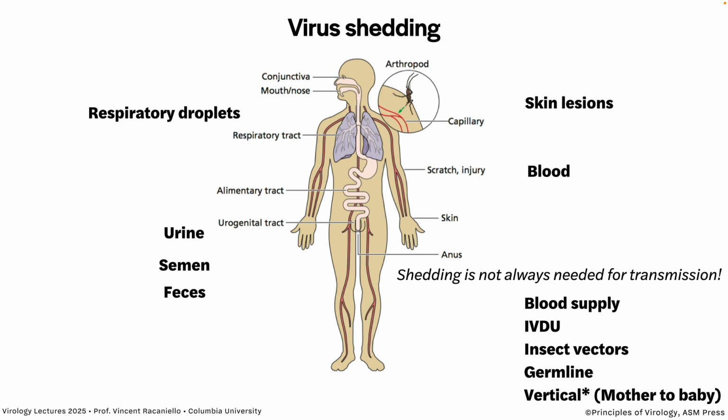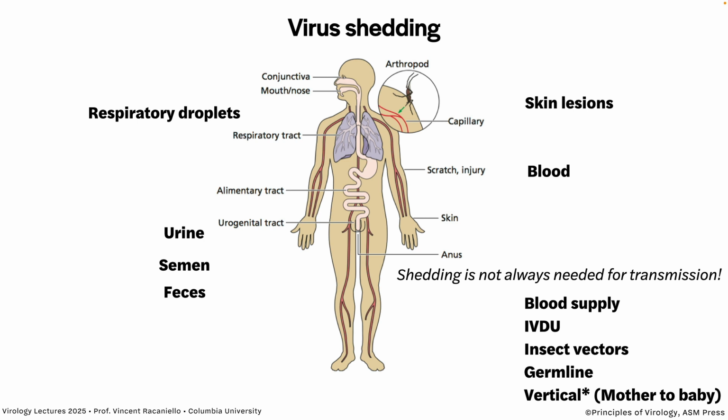They get your blood, or you have lesions on your skin. There's a herpes disease called herpes gladiatorum. Do you know what that means? Wrestler, because wrestlers get it. They have lesions and they wrestle and they give it to the next person. And urine, semen, feces, these all contain virus, so they can transmit infection.